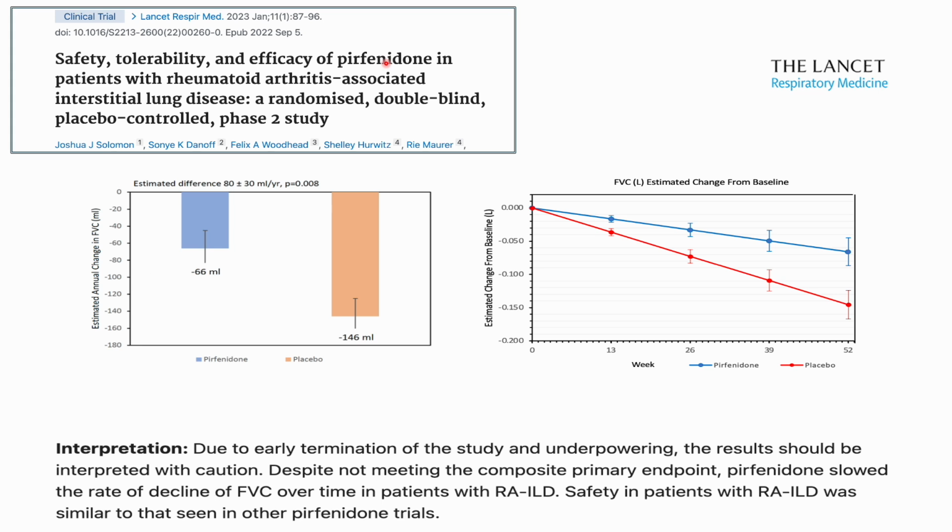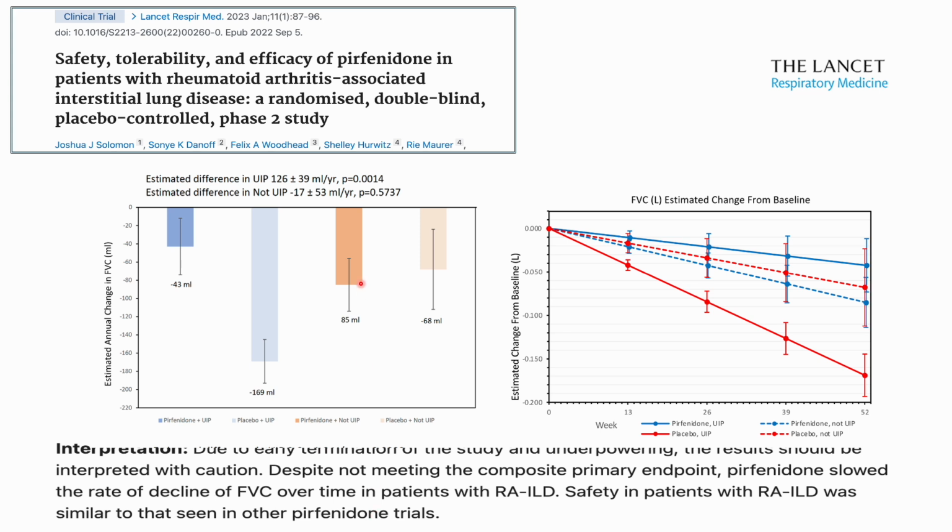Now, this is something which is very promising. Were the side effects more in this group? No. But again, because the trial was concluded prematurely, we have to take this with a little bit of caution. However, the results are very encouraging.